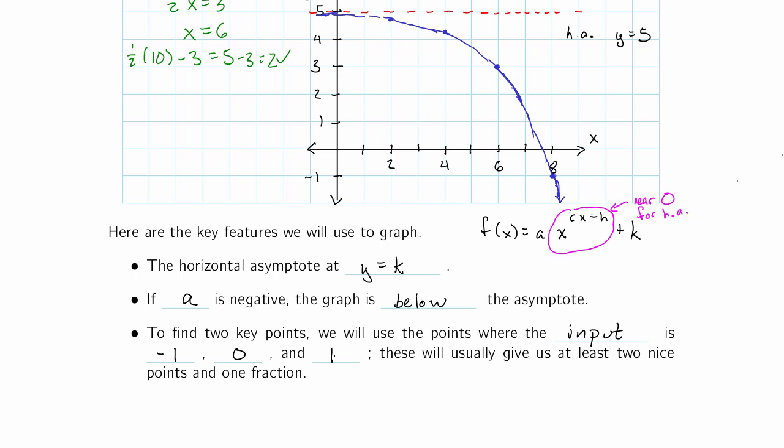Depending on the base, that will usually give us 2 nice points and 1 fraction. And also depending on the value of a. Sometimes we'll get lucky with the value of a, and they'll all be nice points. Sometimes we'll get unlucky and they'll all be fractions. And then we need to just deal with the fractions in our graph. But we'll look at those 3 key input points, and that will usually let us get the basic shape of our graph, along with the horizontal asymptote.